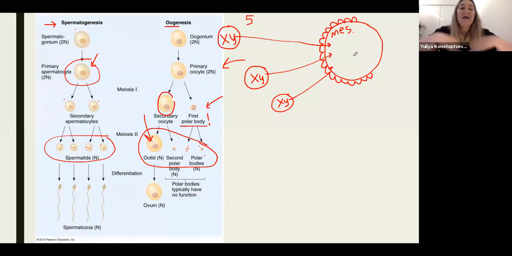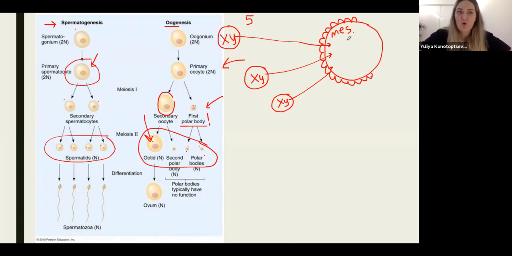We want to make as many replicas of them as possible to make sure that they can fill up the entire area, so they can fill up the gonads. So I repeat, when PGCs reach the gonads, they invade the gonads and start to divide mitotically. They make exact replicas of themselves.